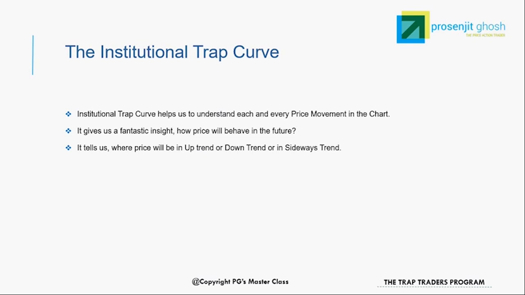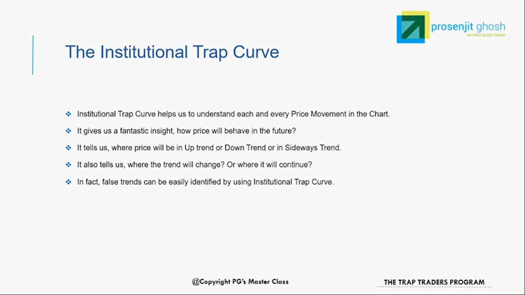It tells us whether price will be in an uptrend, a downtrend, or a sideways trend. It also tells us where the trend will change or where it will continue.